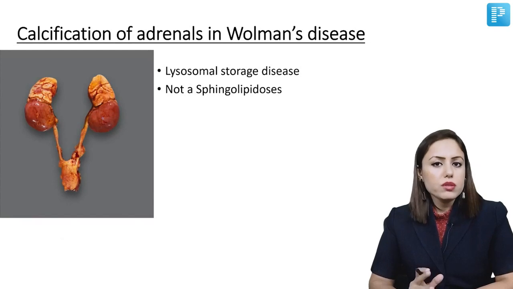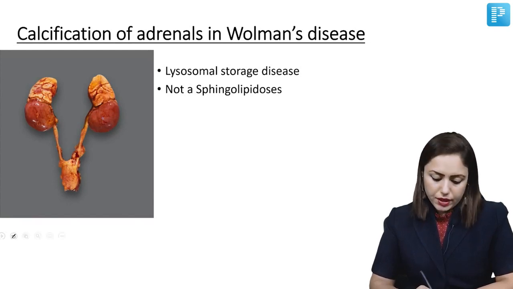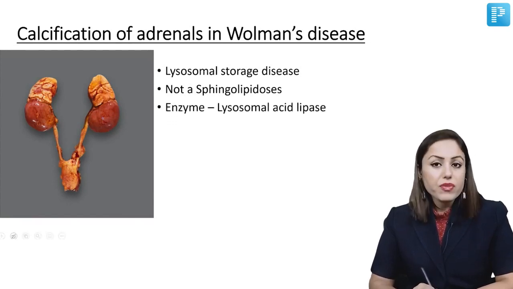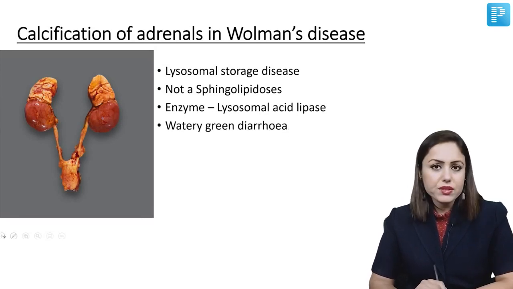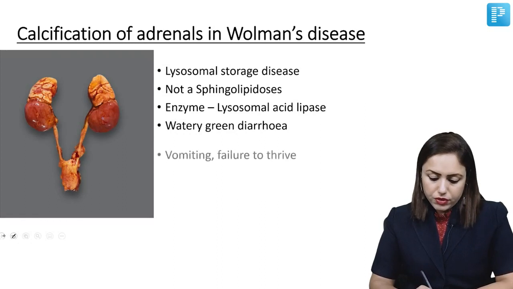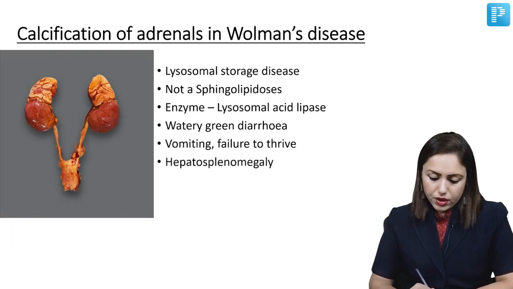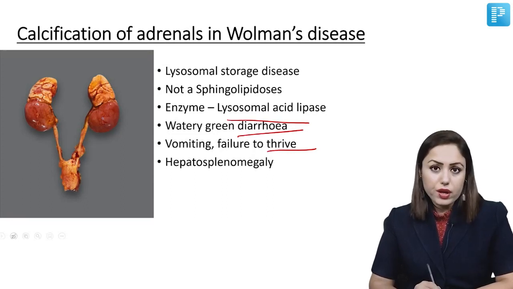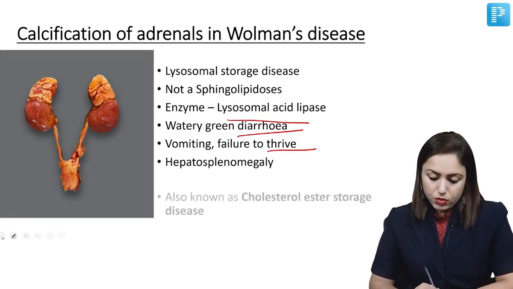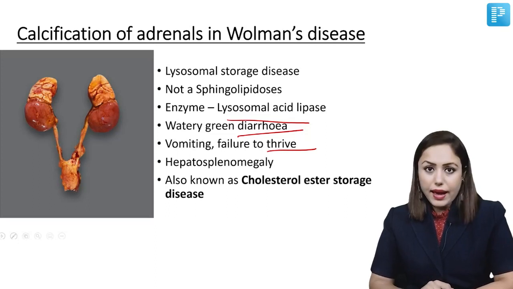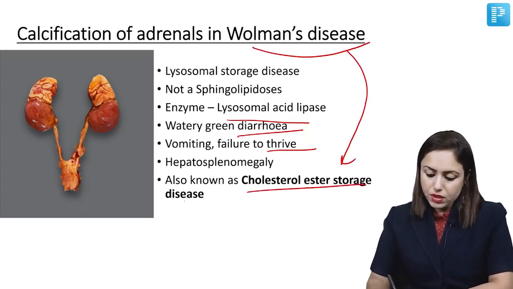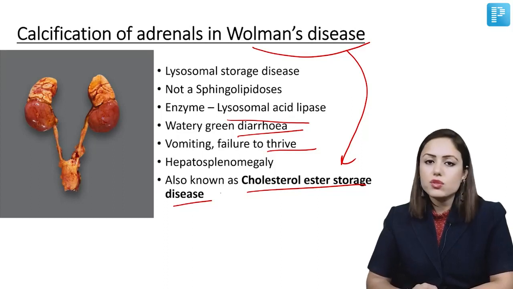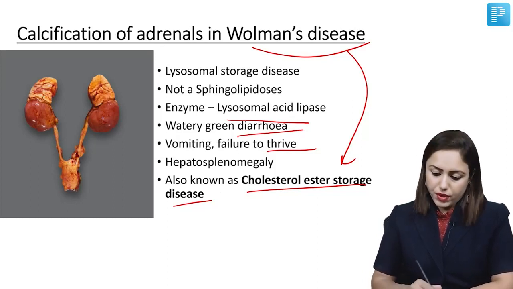This is also a disease where lipids are getting accumulated. The enzyme deficient is lysosomal acid lipase. Some of the clinical features are watery green diarrhea, vomiting, failure to thrive, hepatosplenomegaly, and Wolman's disease is also known as cholesterol ester storage disease, right?